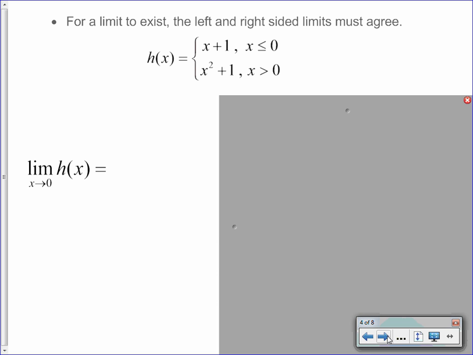Okay. So the limit as x approaches 0 from the left side. Which piece of the domain is the left side? This x plus 1. So all we have to do is put 0 in for x plus 1. And what do we get? 1.